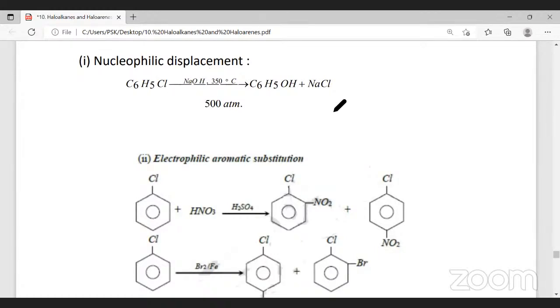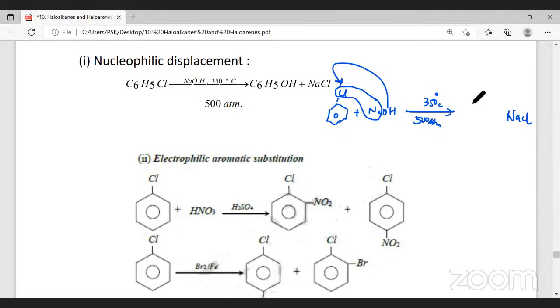Now, chlorobenzene, when heated with sodium hydroxide at 350 degrees Celsius and 500 atmospheres pressure. So what happens? The Na and Cl get eliminated as NaCl, and in place of Cl, OH goes.